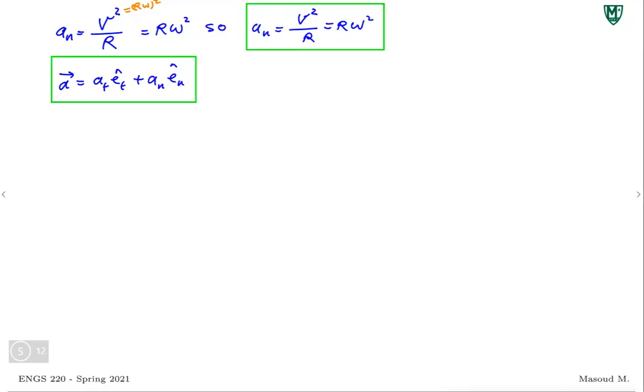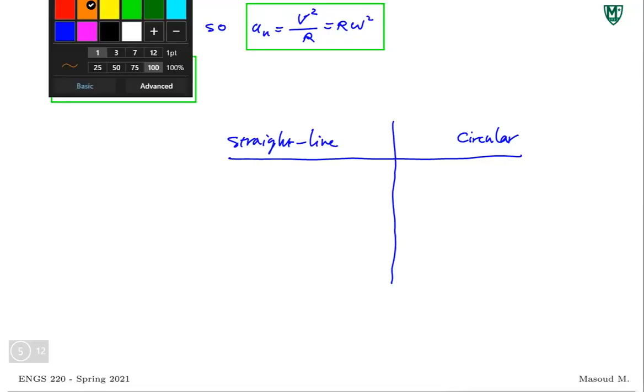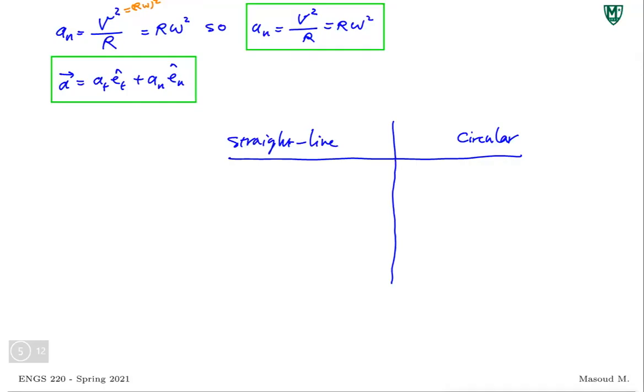Now, to keep a comparison in mind, you can compare straight line motion and circular motion to see that pretty much they are the same. We only changed the velocity and acceleration and gave them new names. For straight line we had V, for circular motion we had omega.